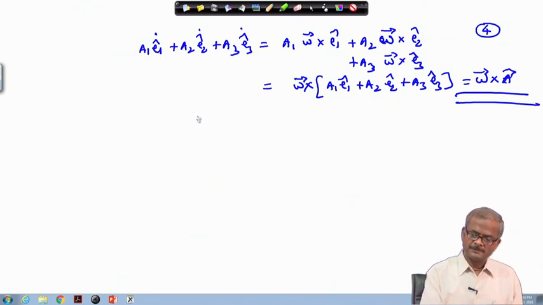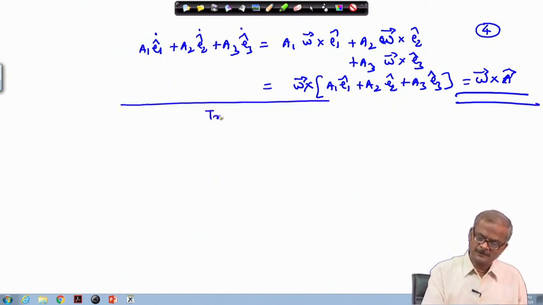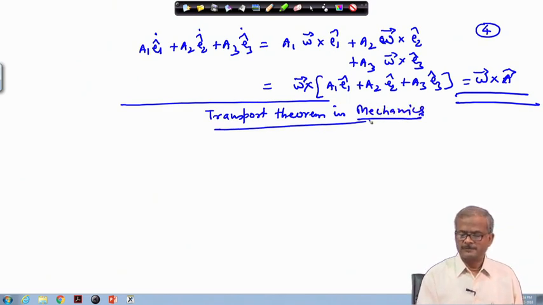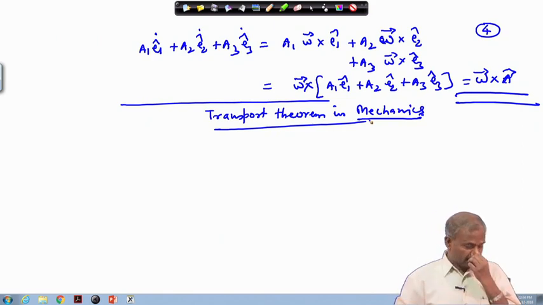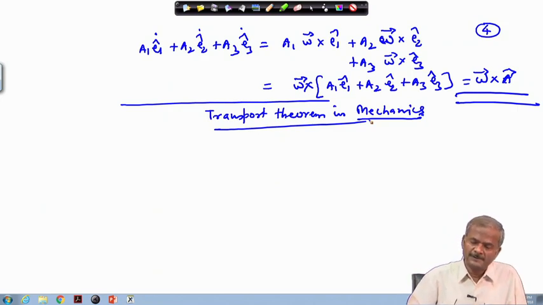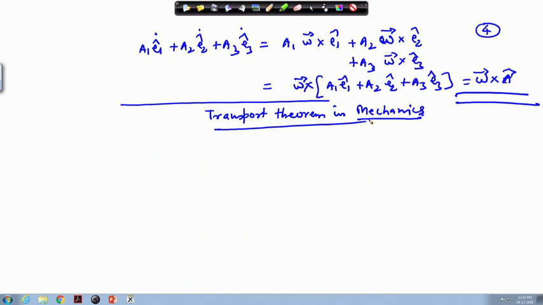And this is what I have already told you, this is called the transport theorem in mechanics. This is a very important conclusion, and quite often you will require it while discussing rigid body dynamics, you will need it again and again in almost all the places.